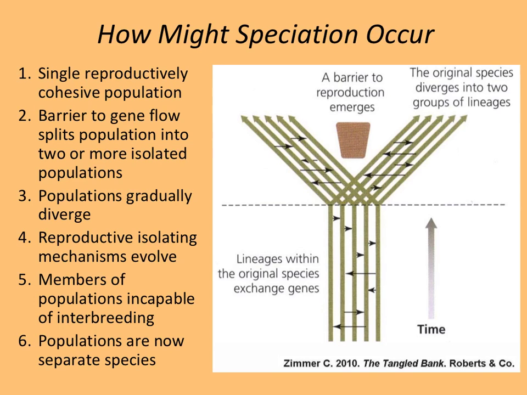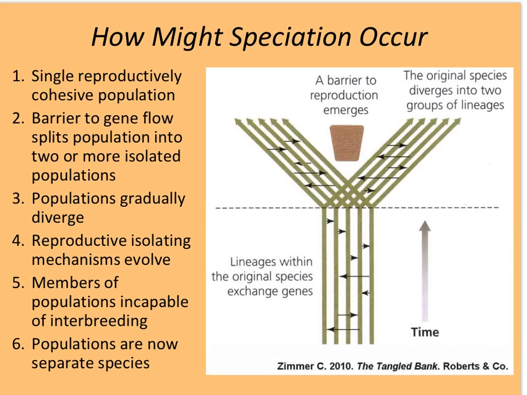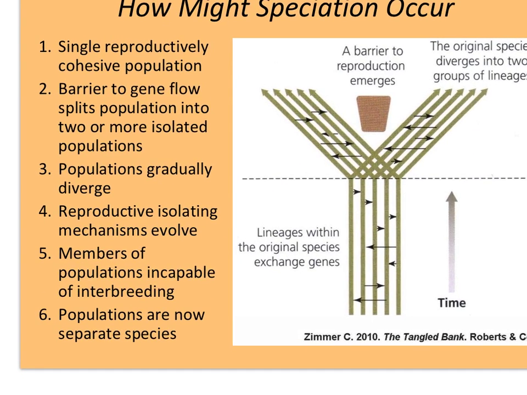So this is a figure that shows what happens. That's one whole population in the past. Eventually, there's a barrier, let's say like the Colorado River and the Grand Canyon.